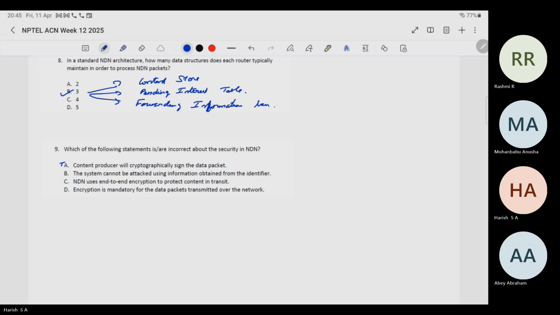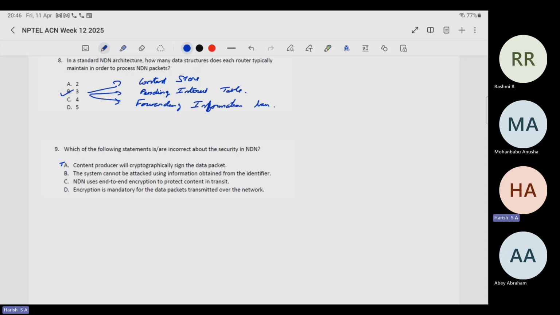And why is this done? Because you want to verify who generated that particular piece of data. You want to make sure that it's coming from the right person.